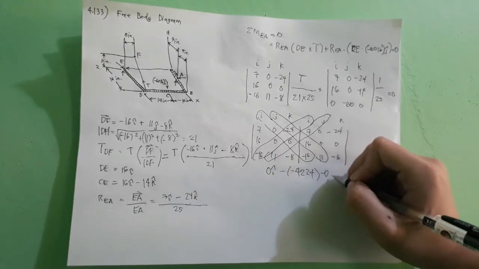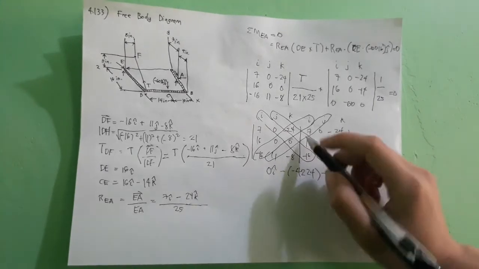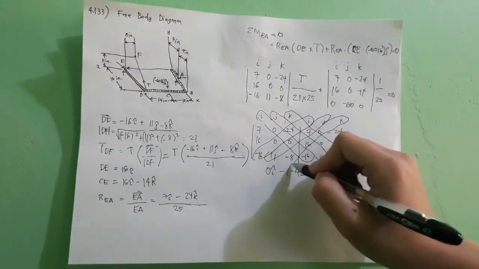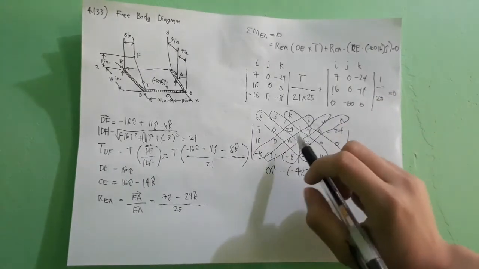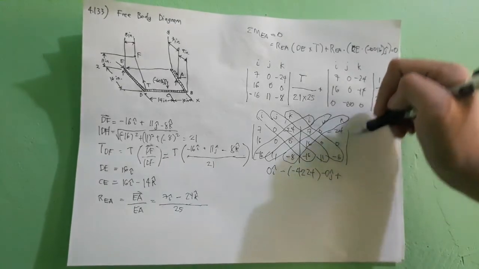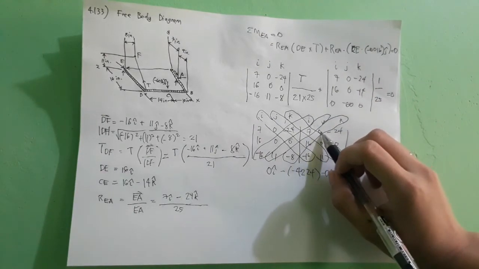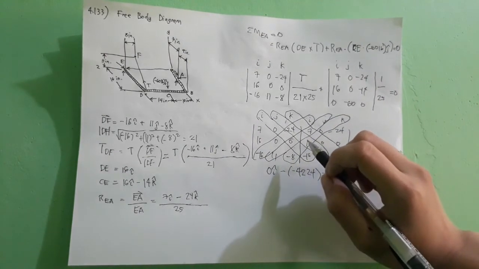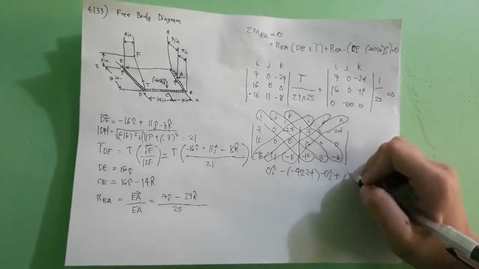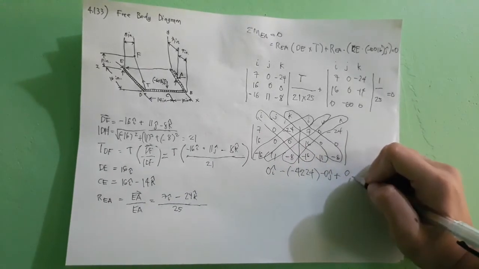So 0j hat plus, for the k, 7 times 0 times negative 8 is equal to 0, and 0 times 16 times negative 8 is equal to 0. So 0 minus 0 is equal to 0.